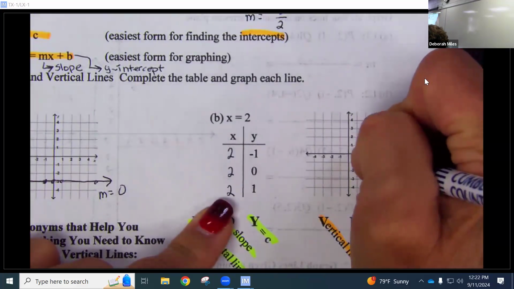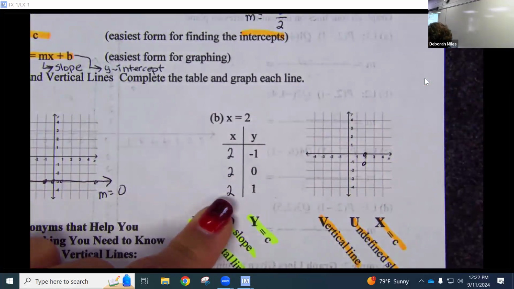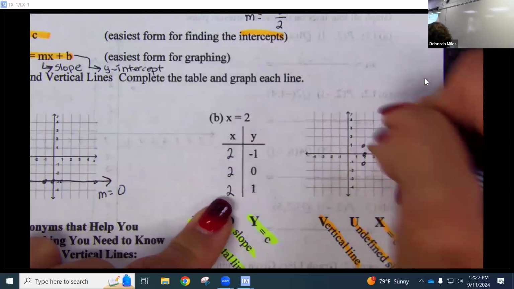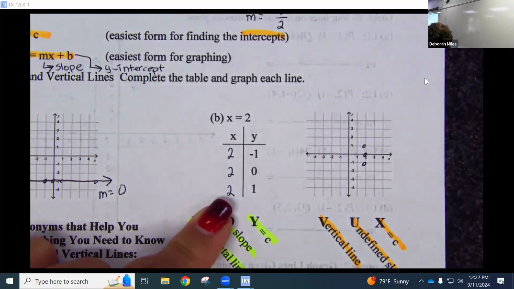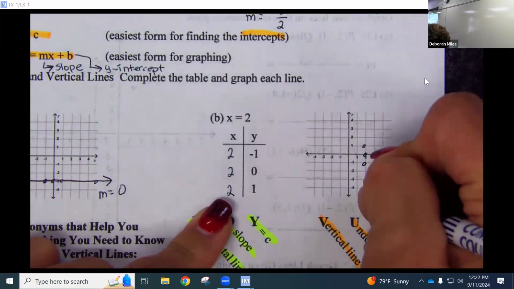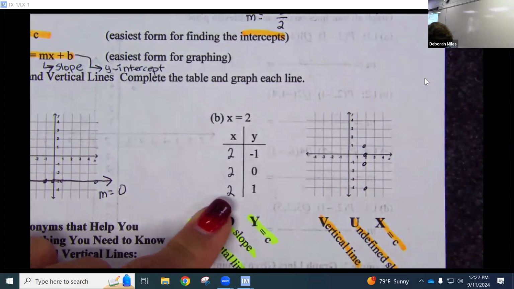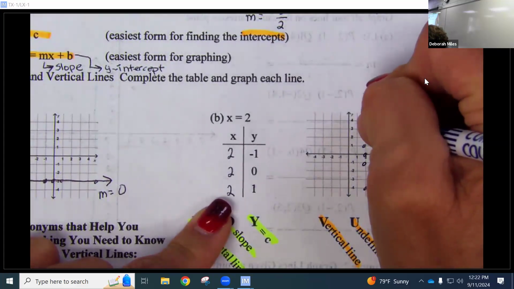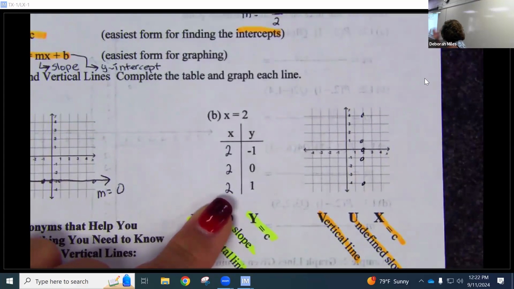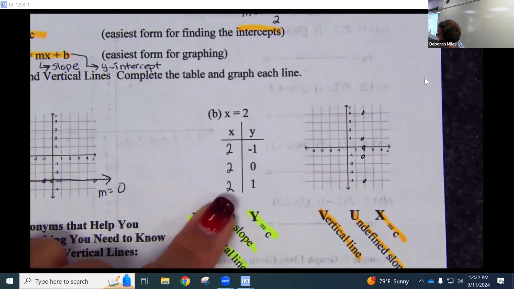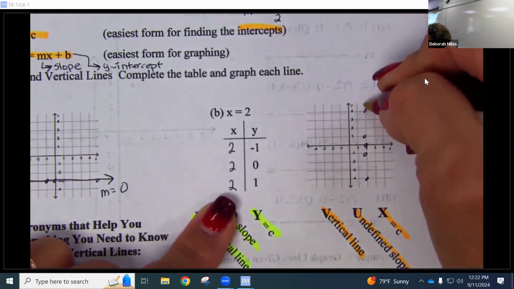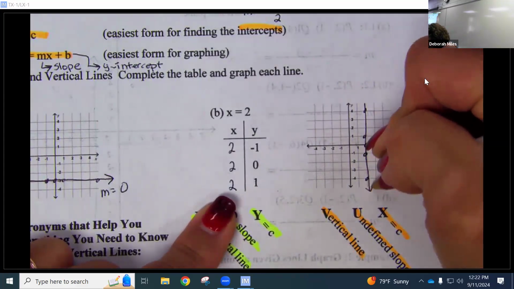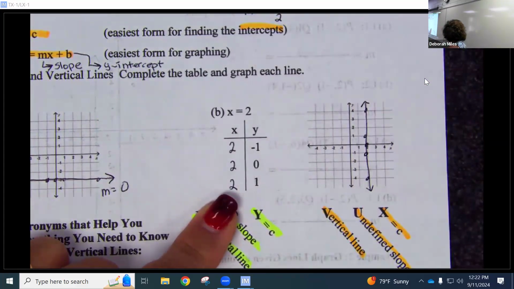There's 2, 0. Here's 2, +1. Here's 2, -4. Here's 2, +4. All those points are on a vertical line. So x equals a constant always gives you a vertical line.